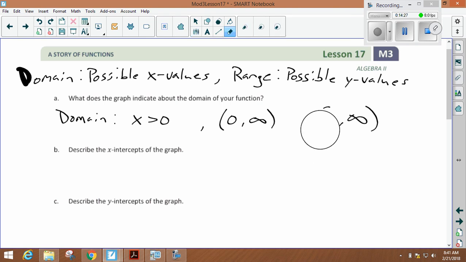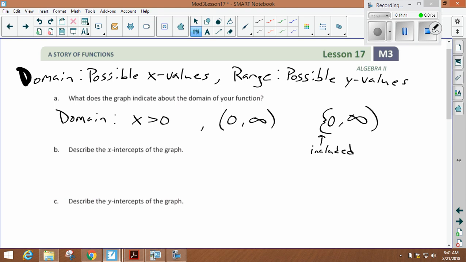That's bad too. Come on now, you can draw. That means that 0 is included, but it's not the case, right? So this means included. This means not included.